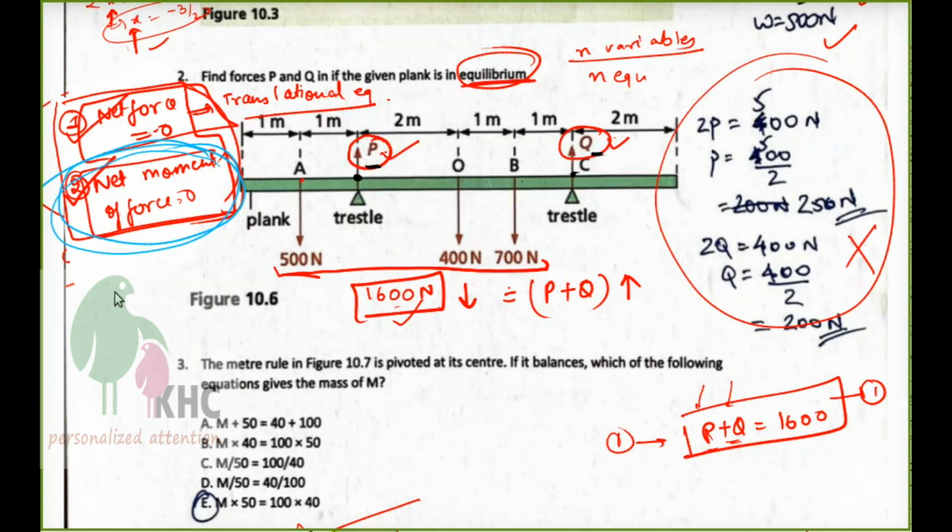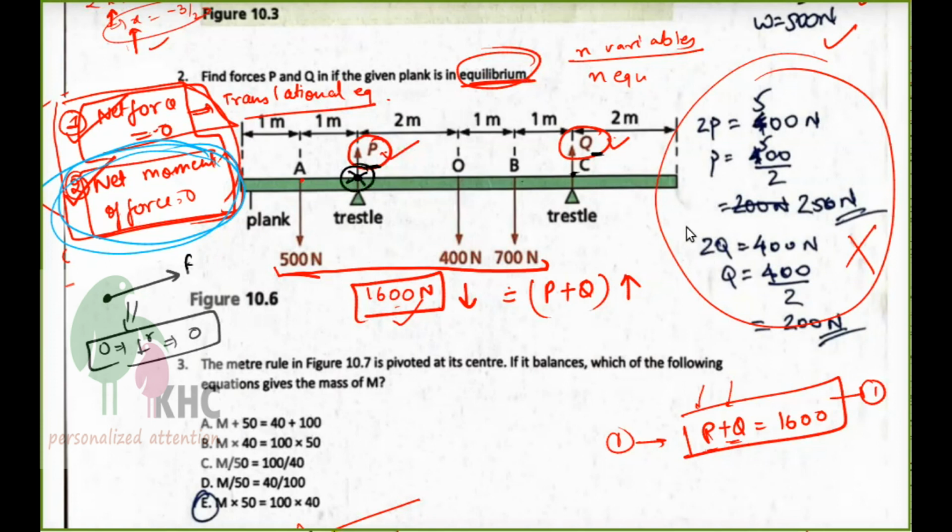Because when we studied moment of force, we studied that if a force passes through the axis, then its moment about this axis is 0, because its perpendicular distance from the axis is 0. So write the moment of force about any of the points. Let's write about P.